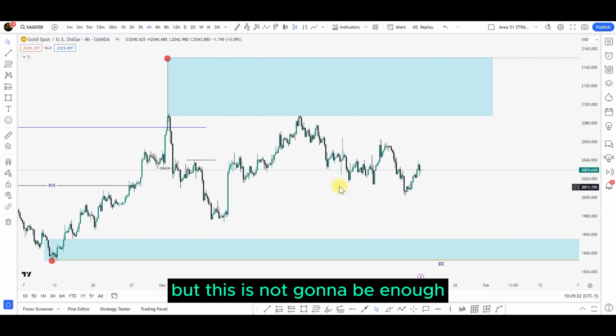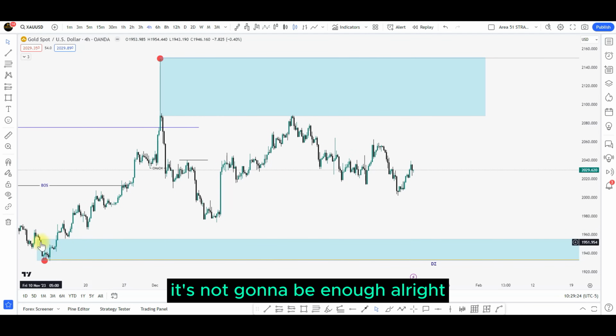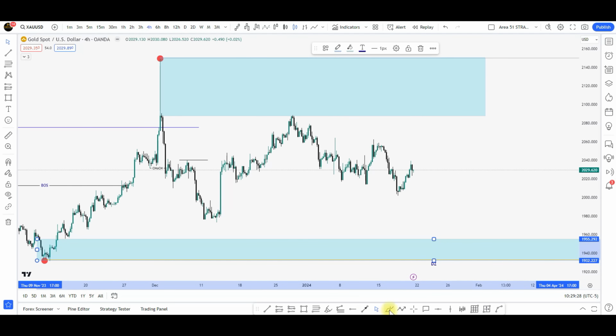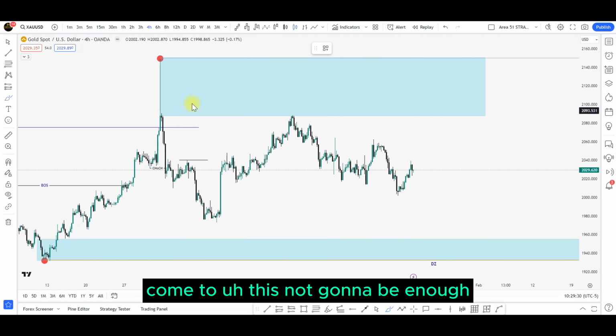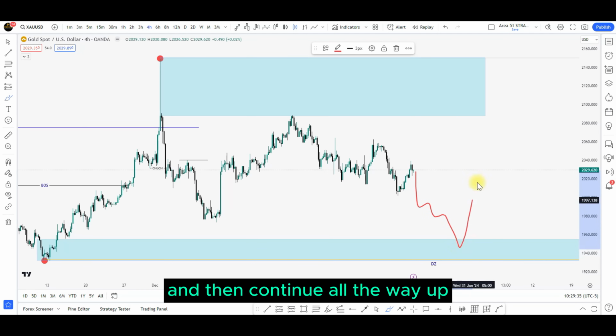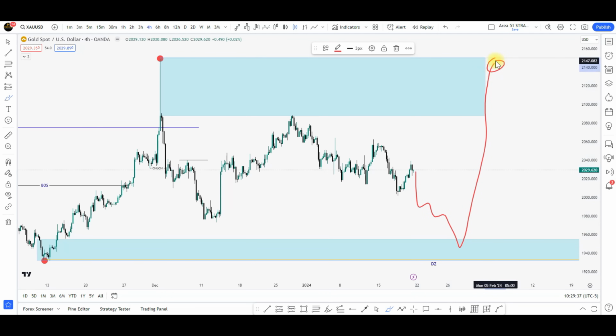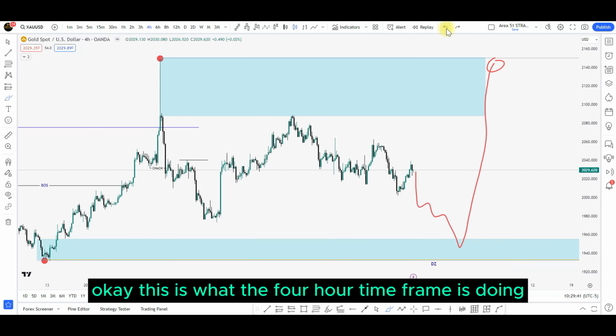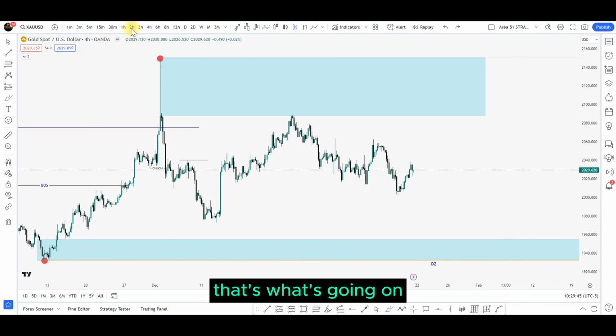But this is not going to be enough. Basically what we need is price to come all the way down here and then continue all the way up. Either it's going to break through or continue to the downside. Okay, this is what the 4-hour time frame is doing.